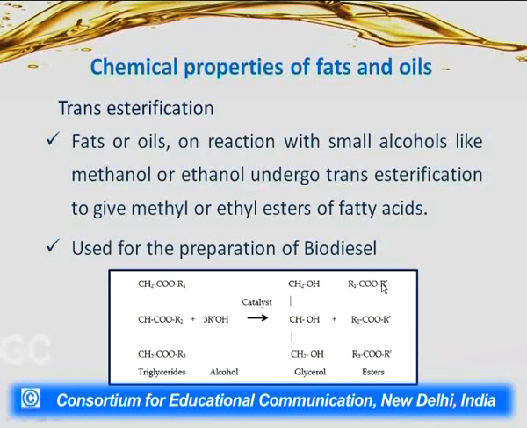Now, these are the esters of these long chain carboxylic acids with small alcohols, and these are the substances which are being used as diesel, and we call this diesel biodiesel. This is the work going on, and people are using different types of catalysts, and research is going on to find better and better catalysts, so that maximum yield of biodiesel can be obtained from any oil which is actually non-edible. So, we cannot eat it, but if it is converted into biodiesel, it can be used as fuel.